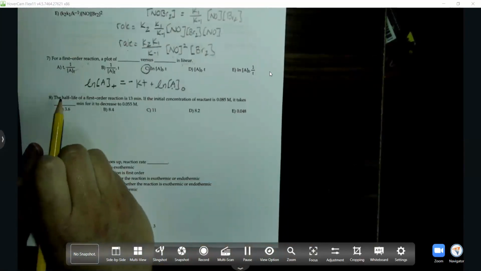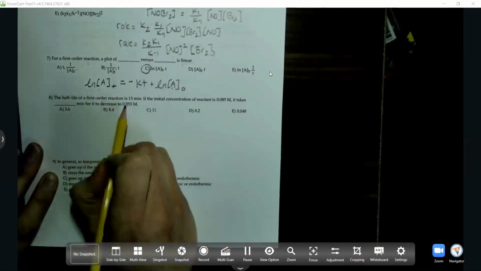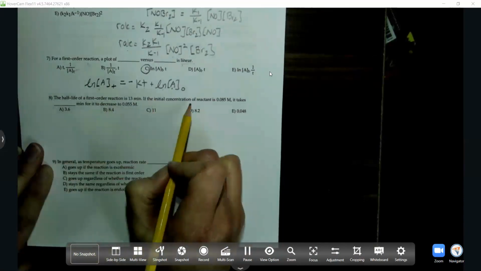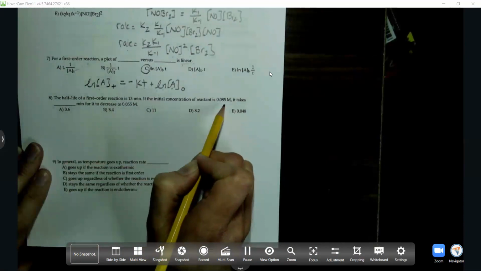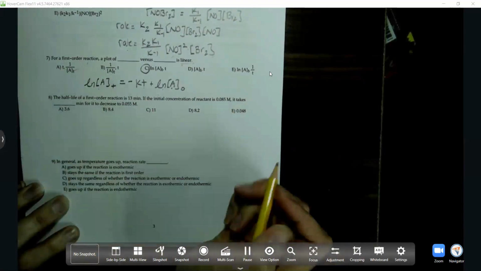All right, so the half-life of a first order reaction is 13 minutes. If the initial concentration is 0.085 molar, it takes blank minutes for it to decrease to 0.055 molar. So it's giving you the half-life, and it's giving you that this reaction is first order.